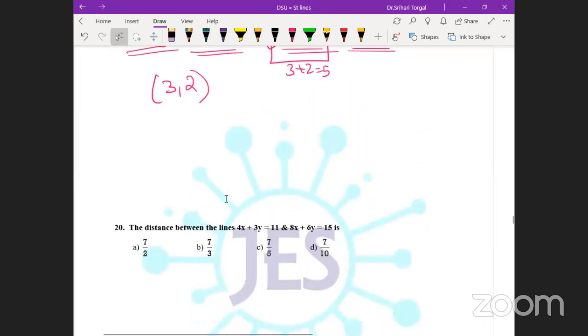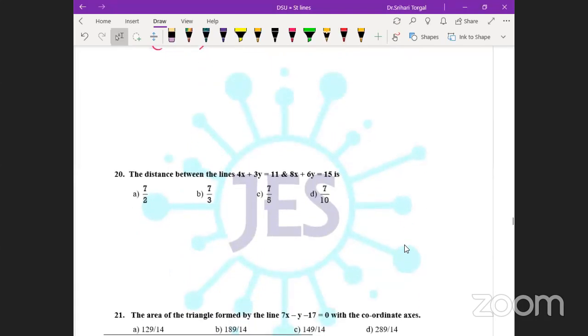Question number 20. The distance between the lines. What is the formula for distance between two parallel lines? First thing is that you need to take the parallel lines like this, divide the whole thing by 2 here. So you will get 4x plus 3y minus 15 by 2 is equal to 0.